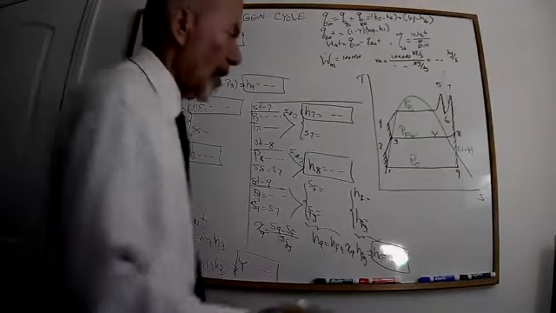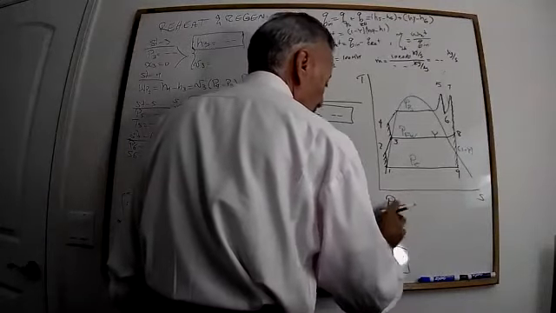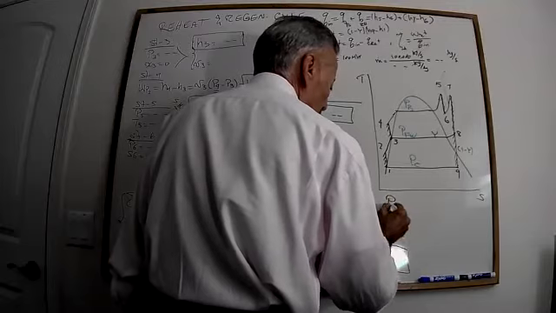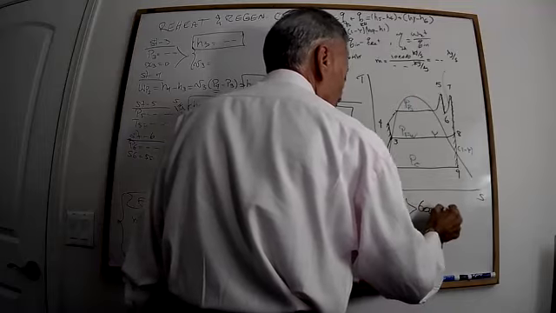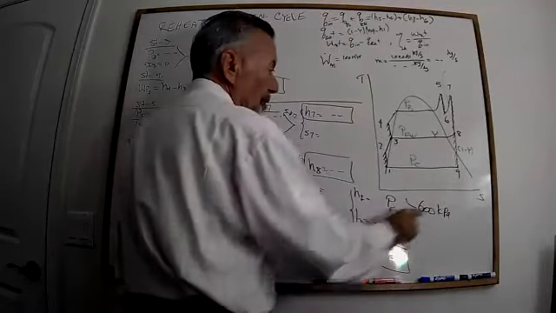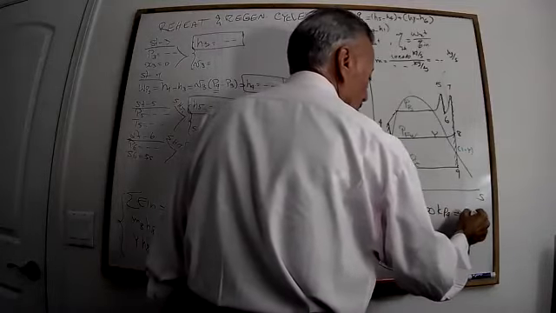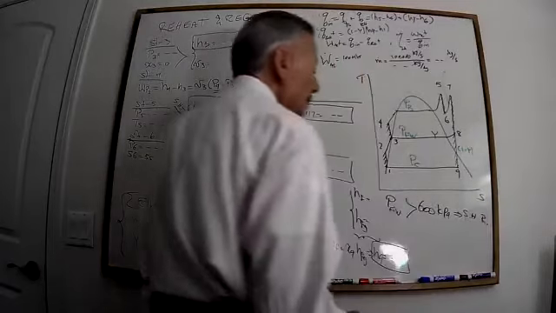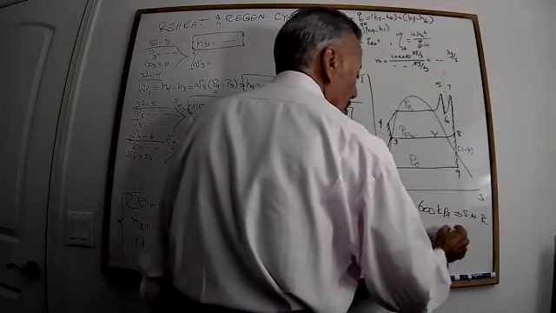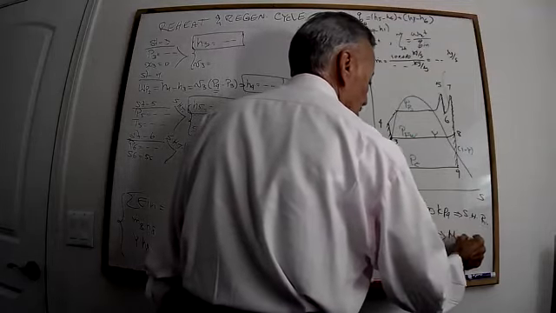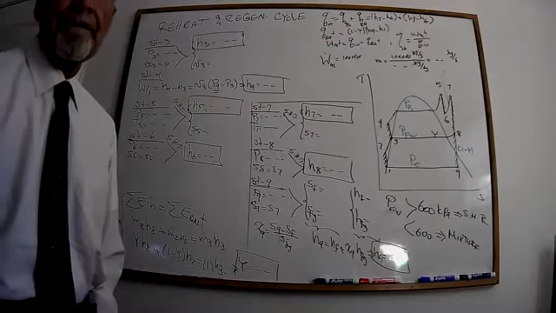Now, when it comes to point 8, if the pressure of the feed water is greater than 600 kilopascal, that point is in the superheated region. If that pressure is less than 600, you are in a mixture area. That's how you determine. Okay, thank you.